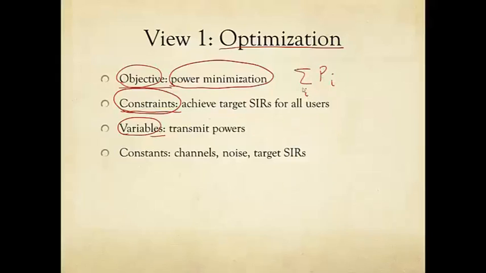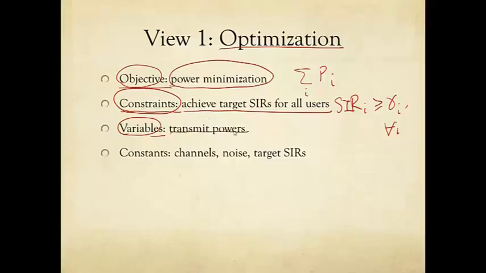So this is a power minimal configuration, subject to the constraints that you have to achieve the target SIRs for all the users. The SIR for each user indexed by i must be no smaller than the target gamma_i. And you need this to hold not just for a single i, but for all i's.